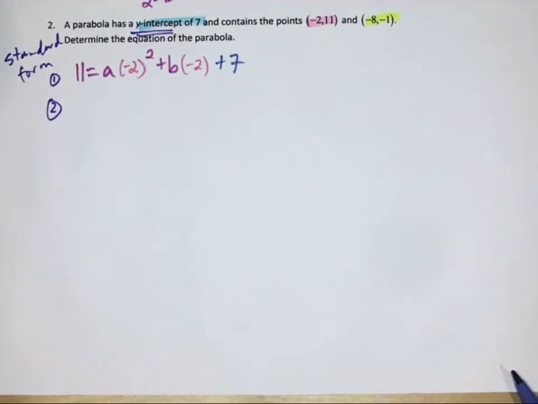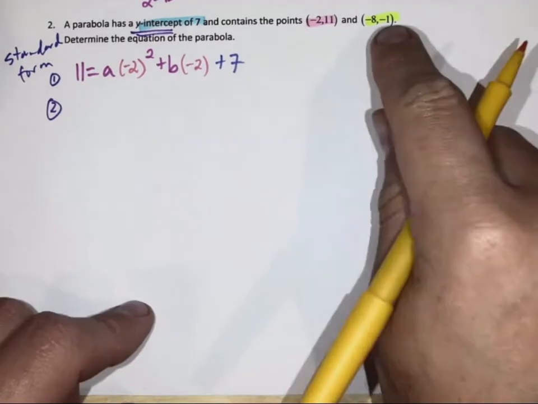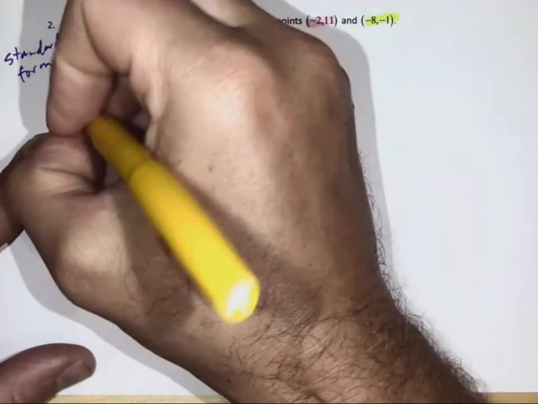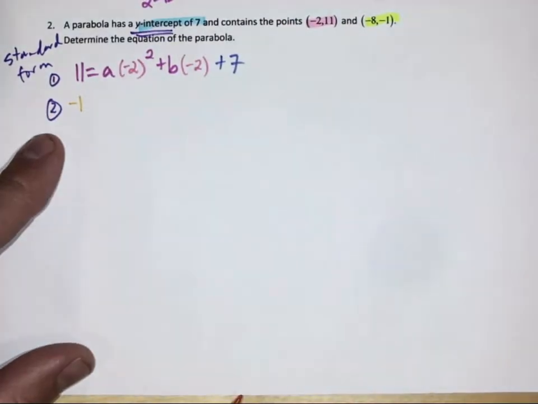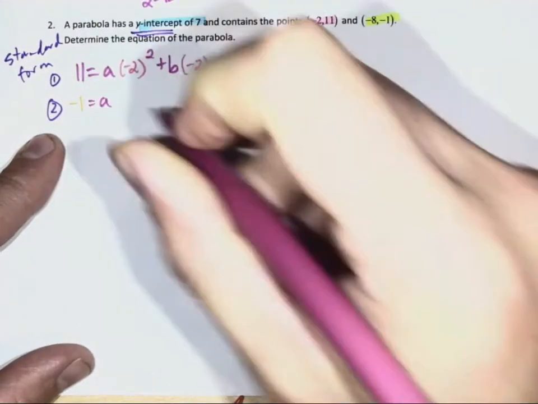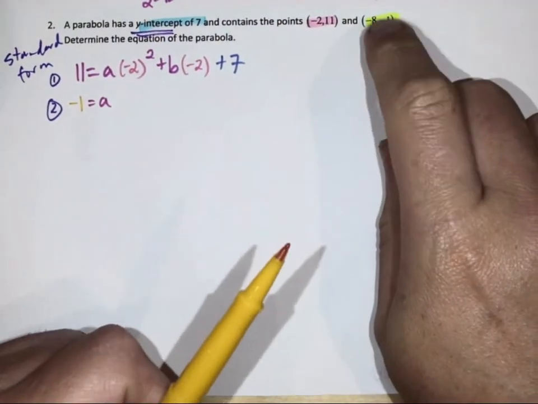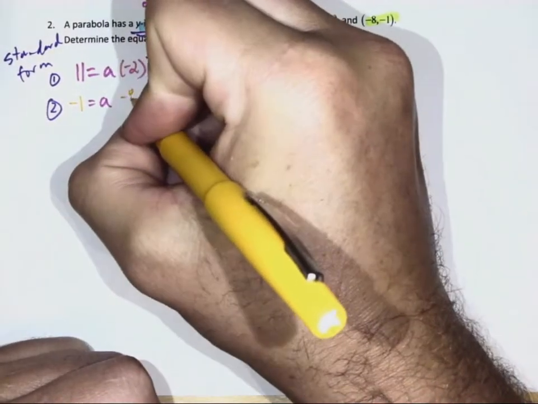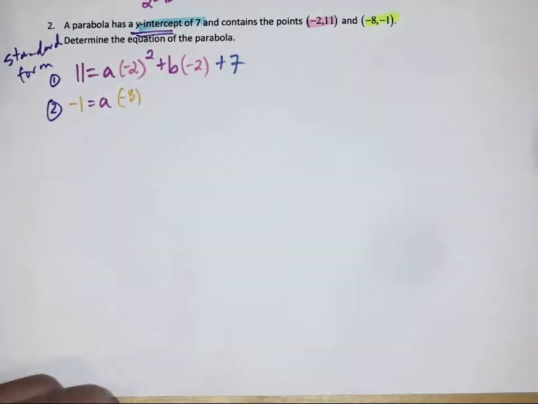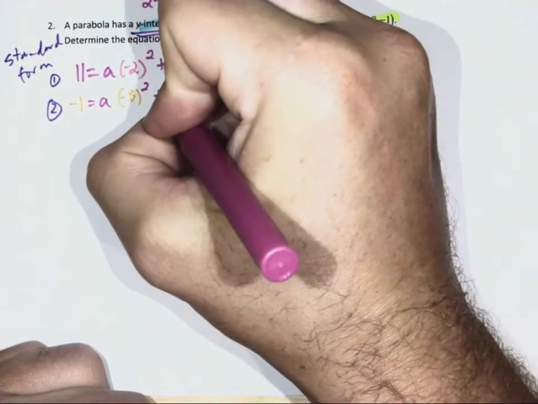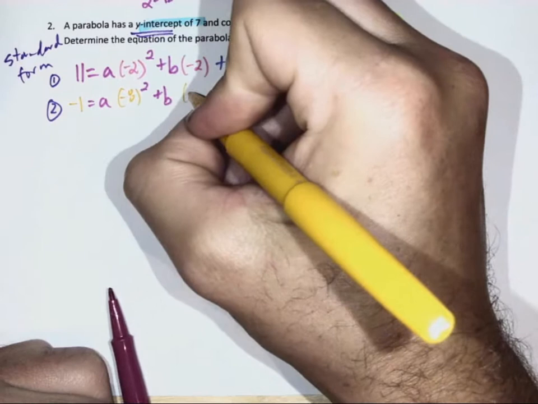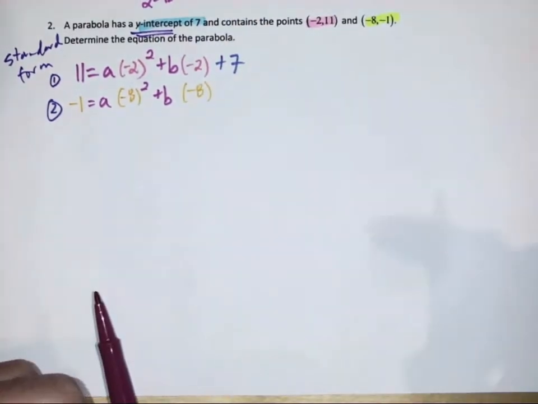Do the same for equation 2. Everywhere I see y, I put in negative 1. So y equals a x squared, so I need negative 8, all in brackets, squared, plus b times x, so b times negative 8, all plus 7.